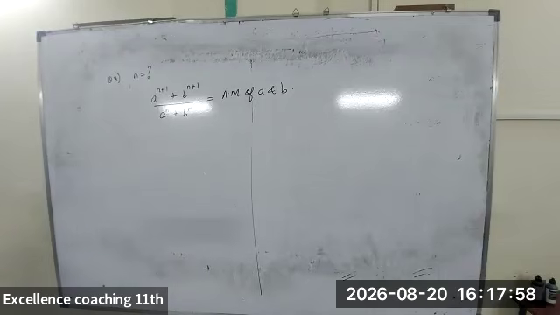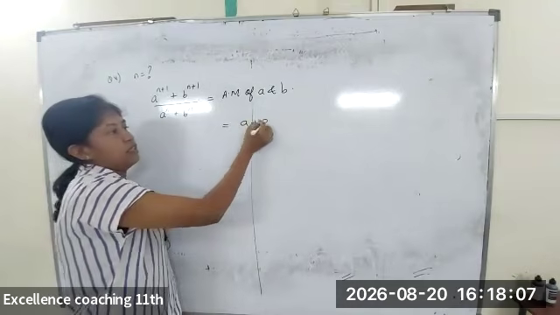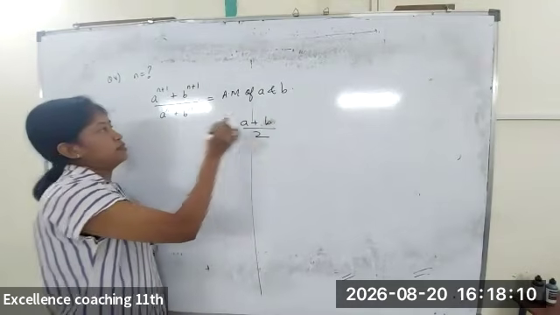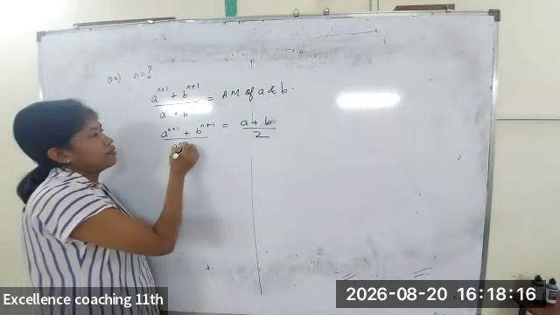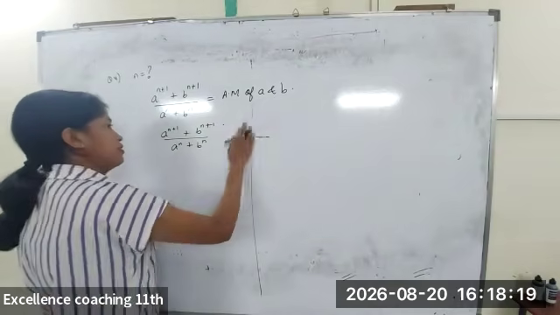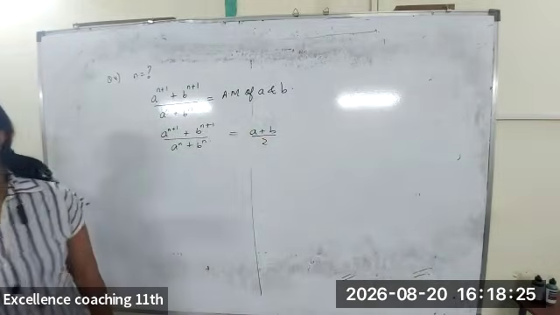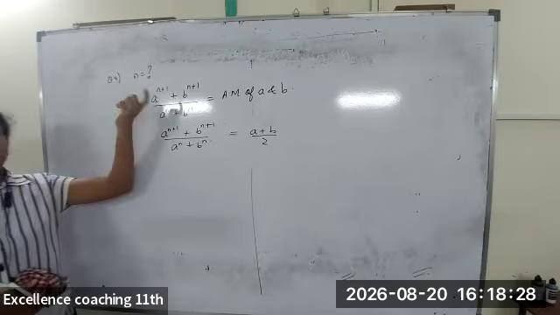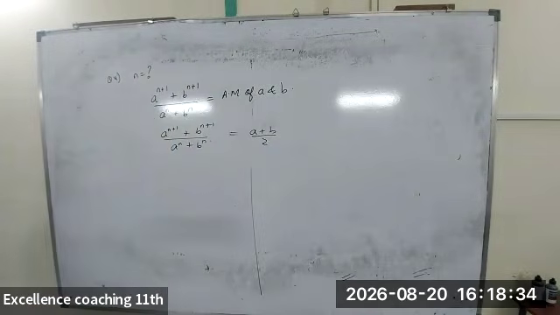Just now I gave you the formula for the arithmetic mean of a and b: a plus b upon 2. This I have not introduced, right? This is given in the question. If this is equal to the arithmetic mean of a and b, what is the value of n is asked. The arithmetic mean of just two numbers is a plus b by 2. Now cross multiply.